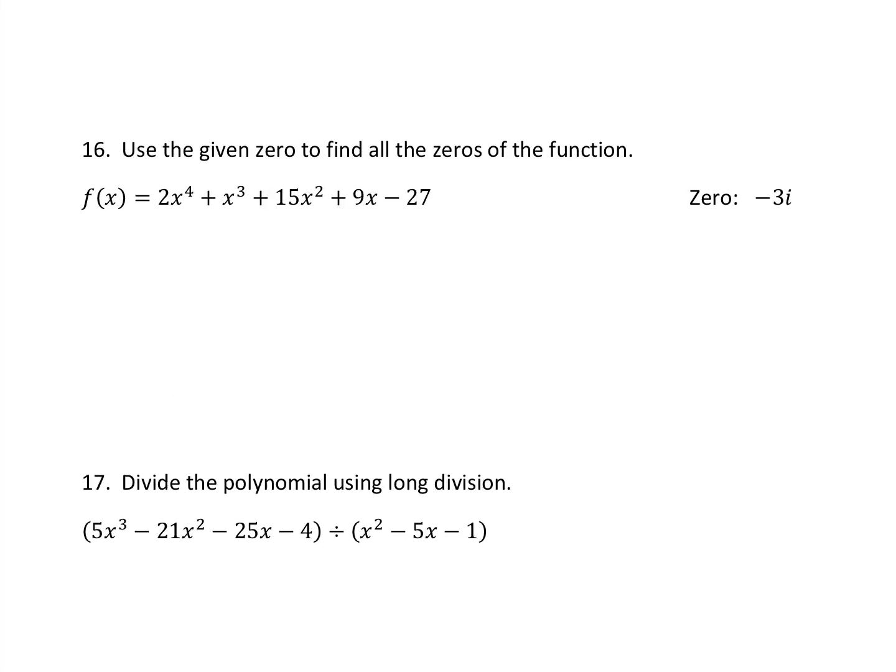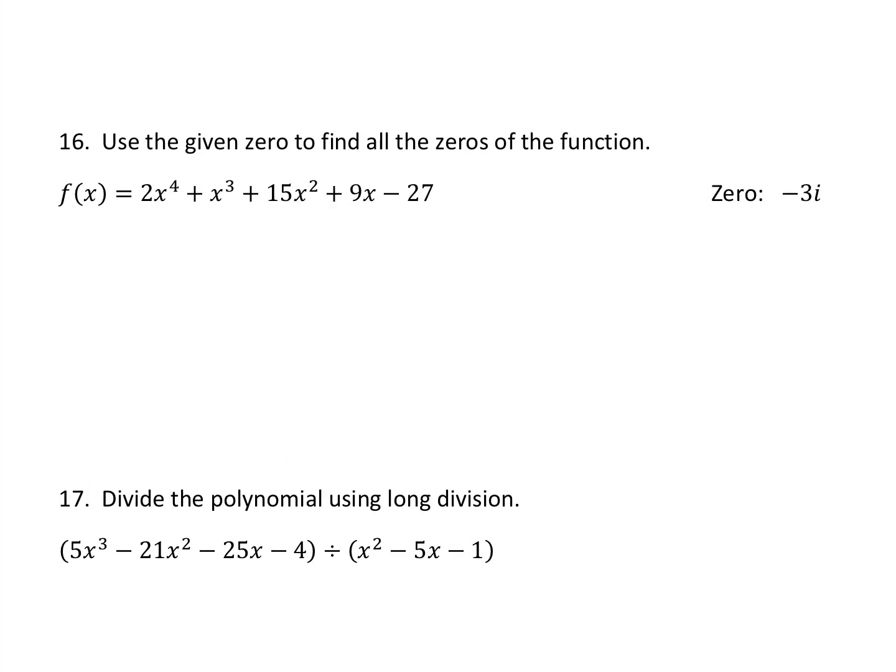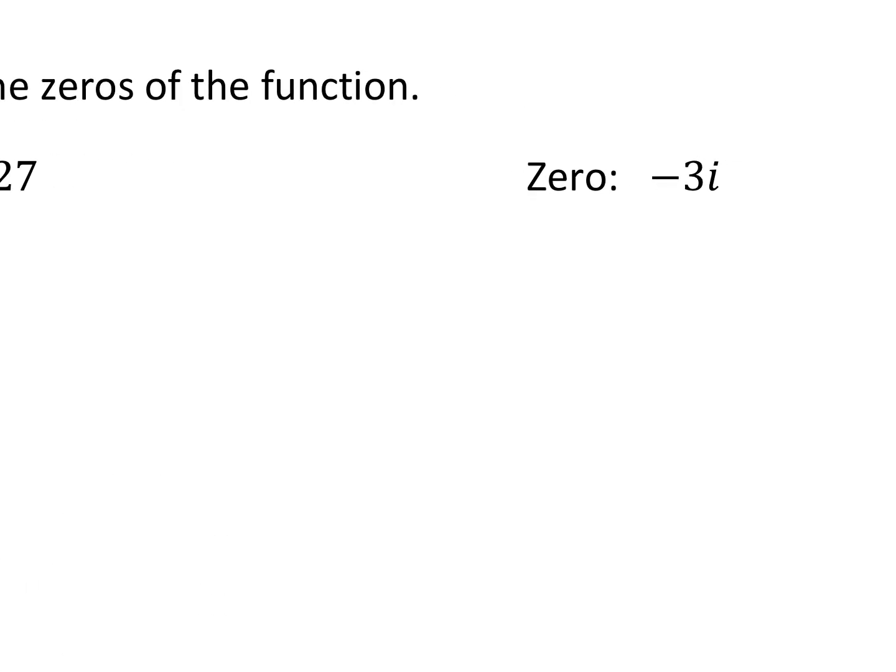So for 16, we're going to use the given 0 to find all the zeros of the function. Well, if I have that -3i is a 0, do I know any other zeros? Positive 3i. Conjugate. Now what should I do next to find the other zeros?